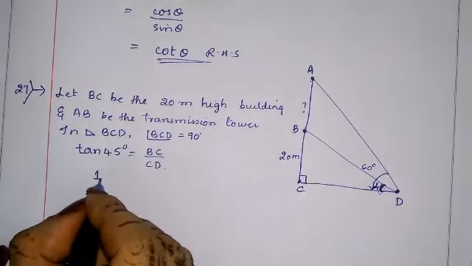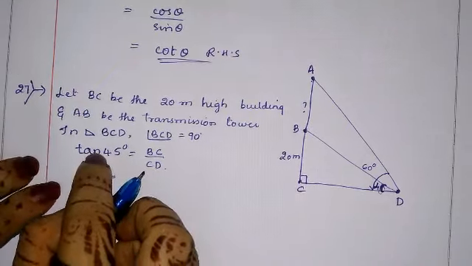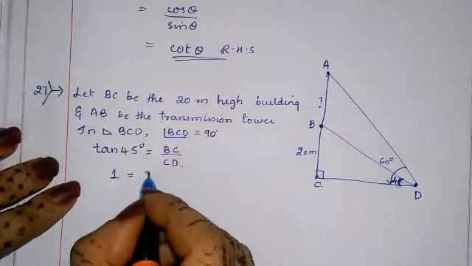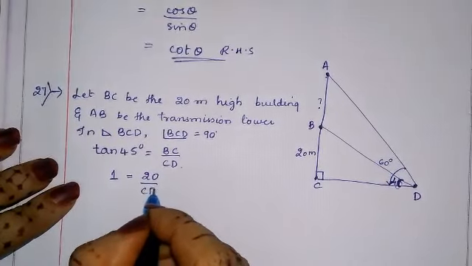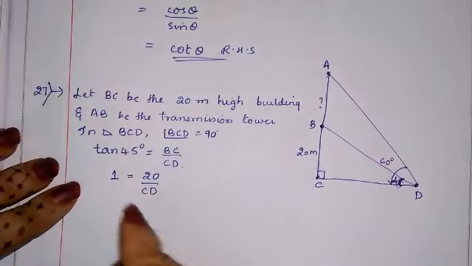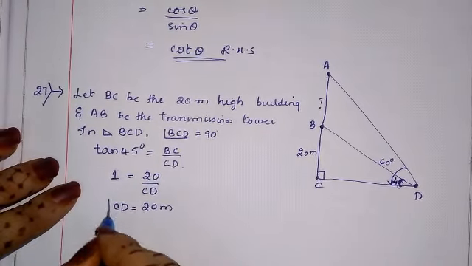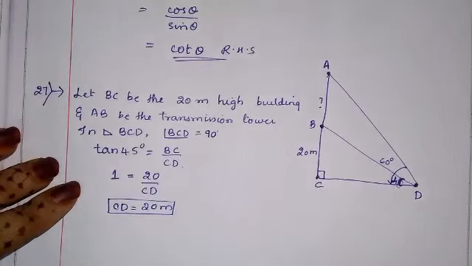Tan 45 value is 1. We should remember the table well here. Tan 45 is 1. BC is 20 upon CD. CD into 1 is CD. CD is equals to 20 meter. We got the value of CD is 20 meter.